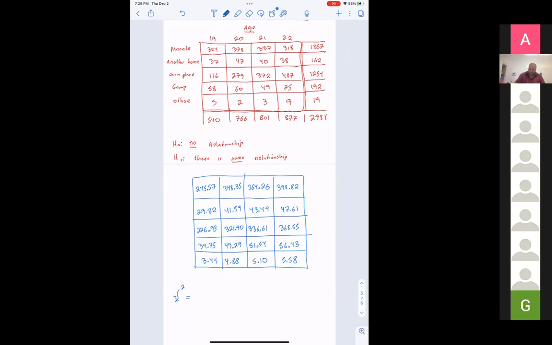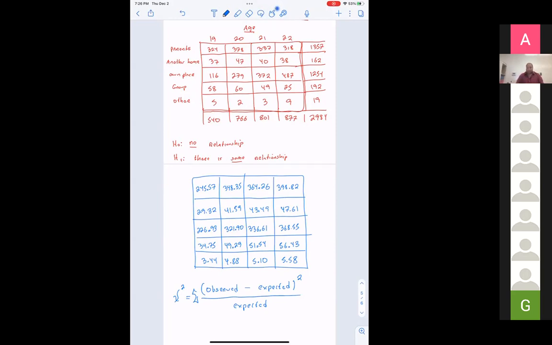We take each observed outcome and subtract the corresponding expected outcome, square that, divide by the expected outcome, and then add them all together. We only have one test statistic. Our first value, what's our first observed value?